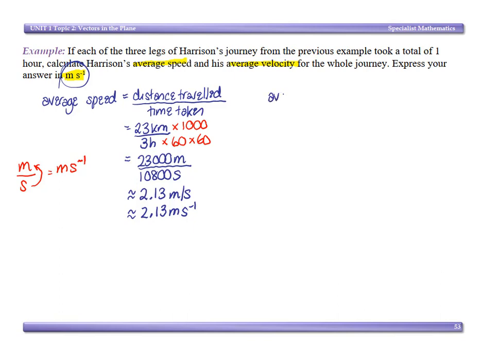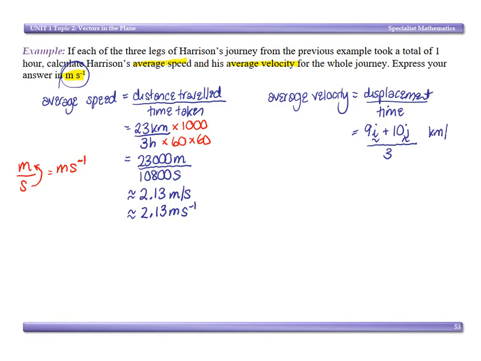Now average velocity, which is displacement over time. Displacement from the previous question is of course a vector, so 9i plus 10j. Our time was 3 hours, and that's going to be in kilometers per hour.